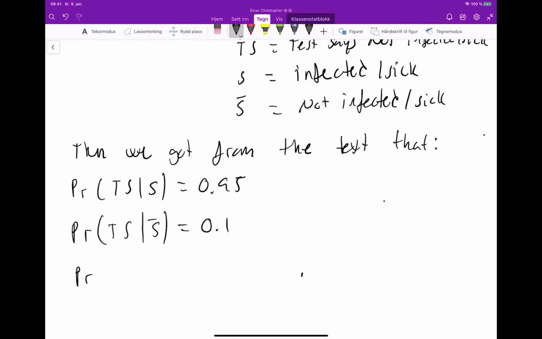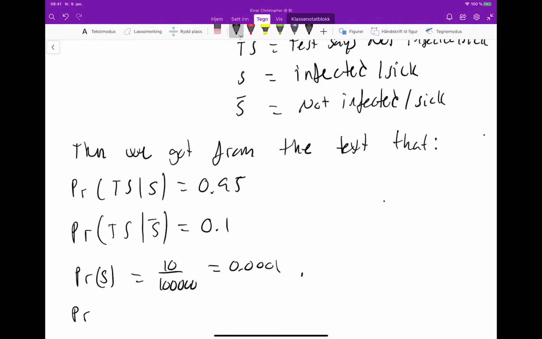But what is the chance that you are sick in this society? It says that it's 10 out of 100,000, which is equal to 0.0001.